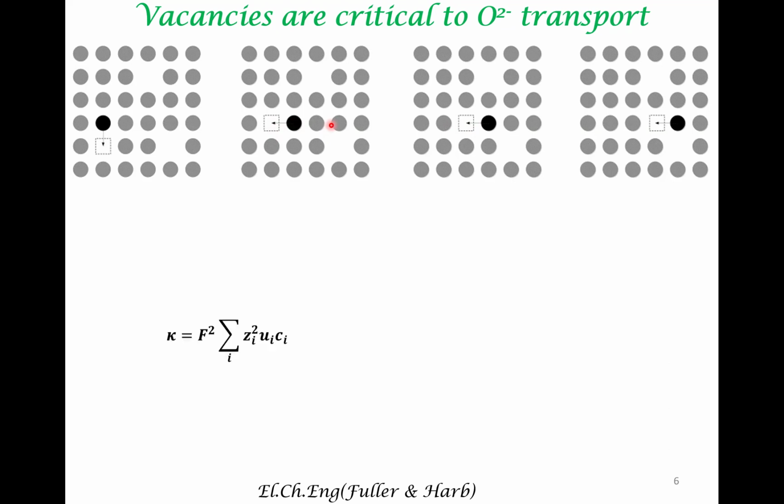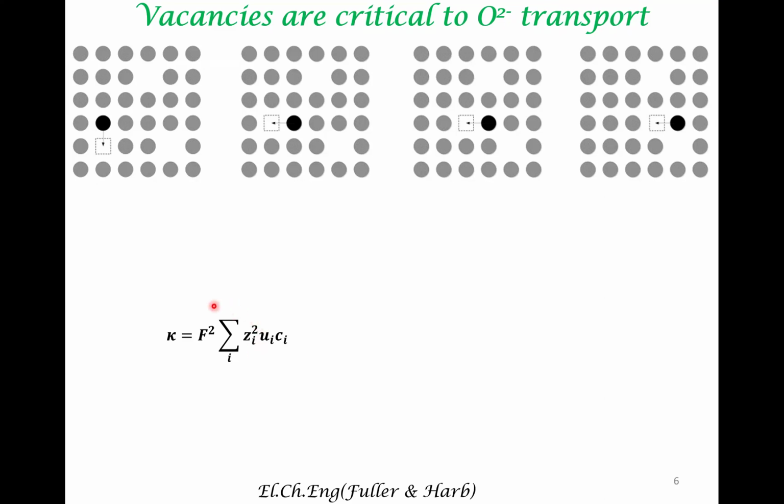We have already looked at the conductivity of an electrolyte in previous lectures. We gave this formula for conductivity of an electrolyte. This refers to the charge of the ion. Ui refers to the mobility of a concerned ion i, and Ci refers to the concentration of that particular charged species i.